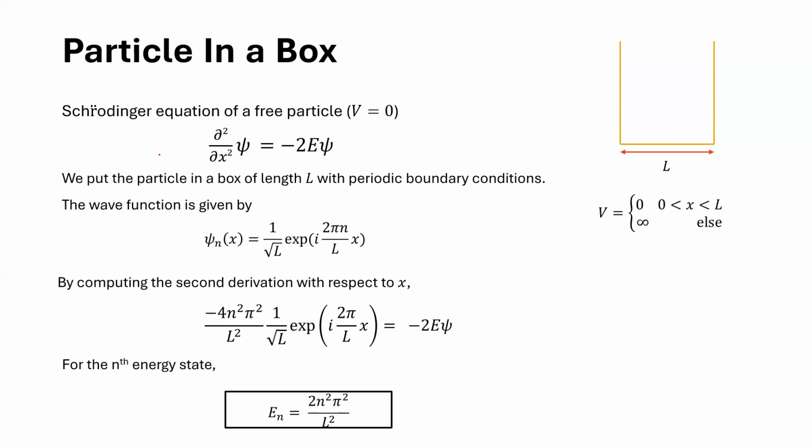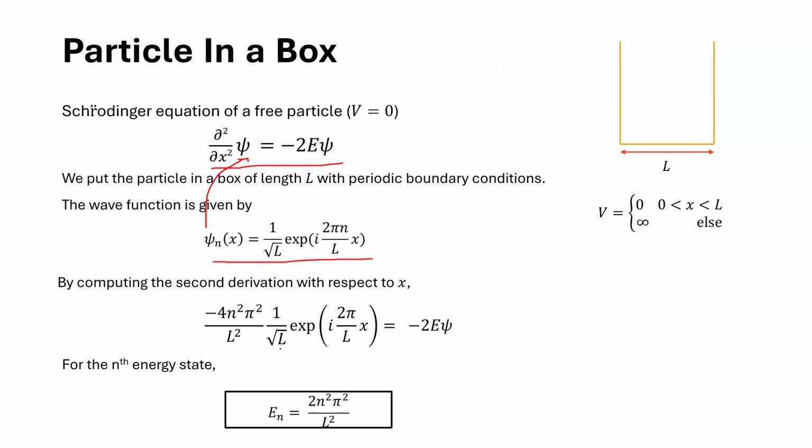Next, what we are going to do is find an expression for energy. We know the Schrodinger equation with zero potential, and we can write it in this way. We also know the wave function, so I put it here and calculate the second derivative with respect to x.